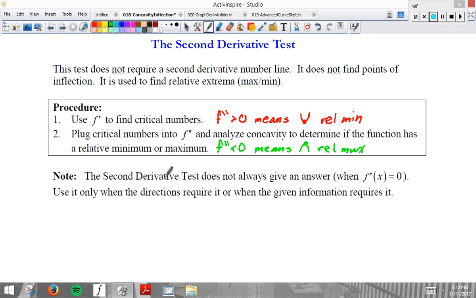We will note that this does not give an answer when f double prime equals 0. That is to say, if f double prime equals 0, we will say the second derivative test is inconclusive. Not possible to determine, however you want to write it.